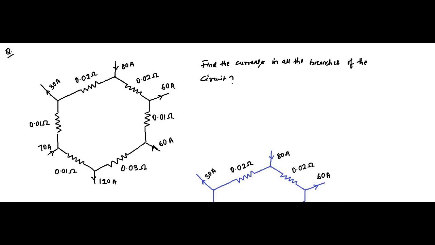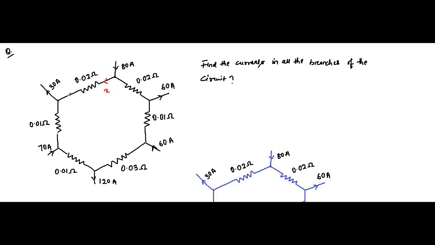So here first, let's say we start with this 0.02 ohm resistor branch, and let's say we assign a current direction like this, and let's call it X ampere flowing.